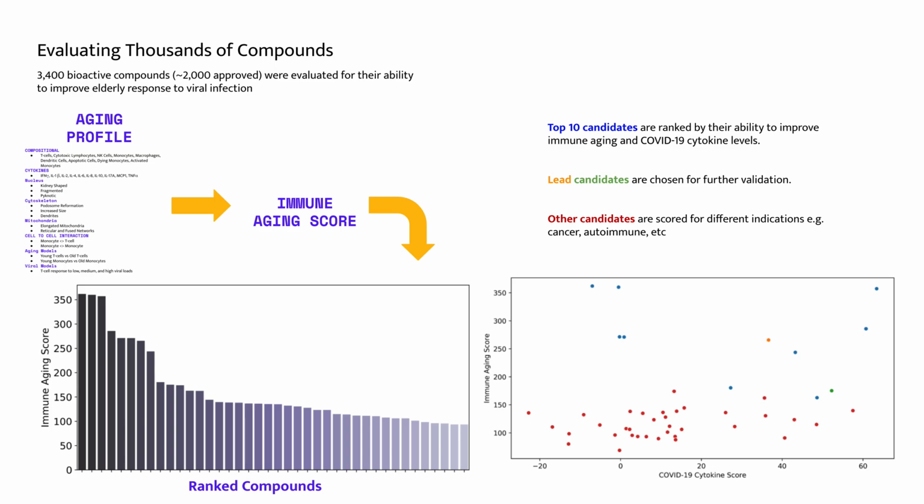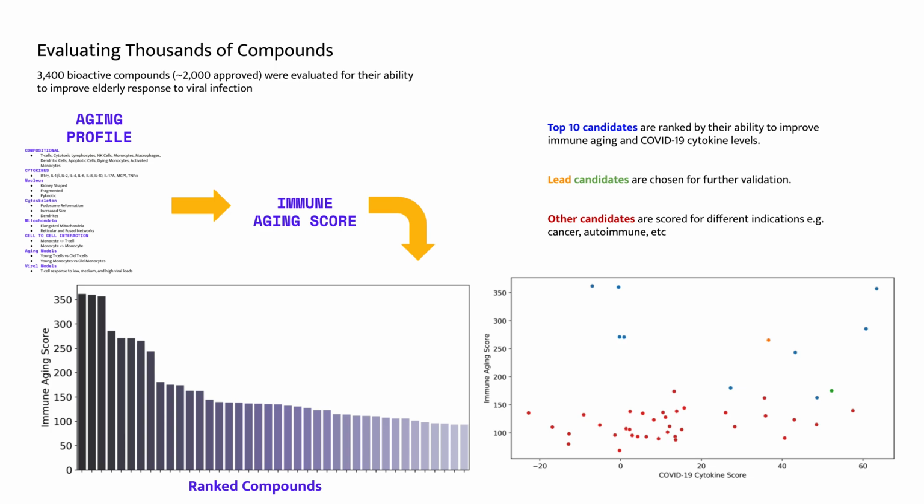To do that, we screened thousands of FDA-approved compounds and ranked them by two scores. The first score was an immune aging score, which measured the rejuvenating potential of a compound based off the aging profile.